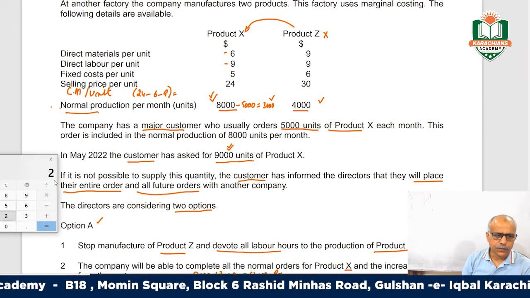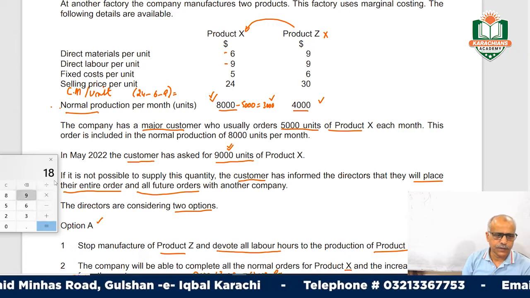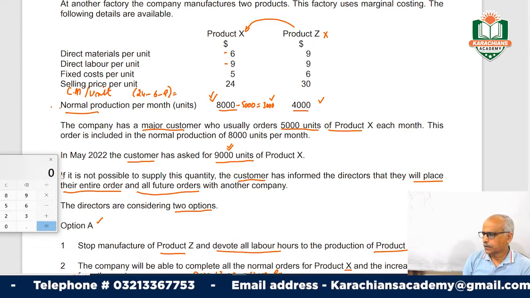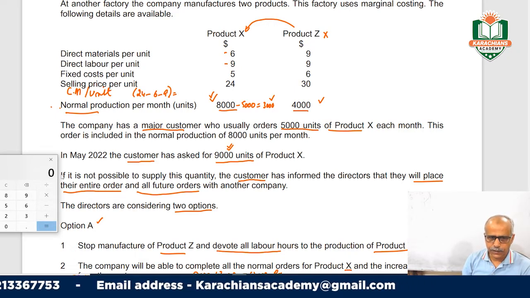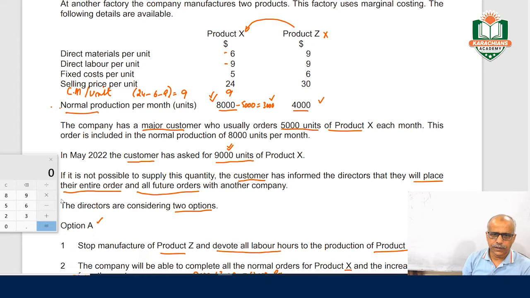So this will be 24 minus 6 minus 9, so it will be 9. My contribution margin will be 9 per unit.